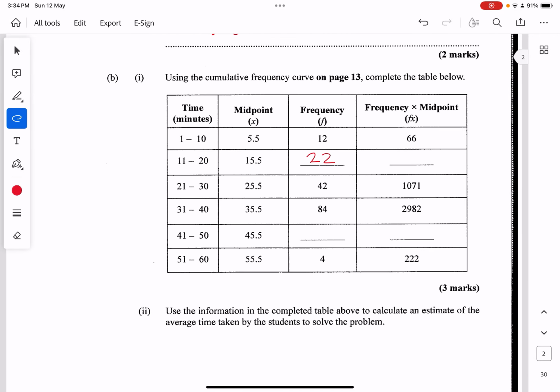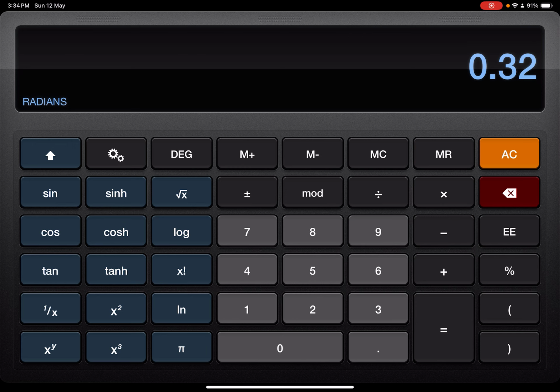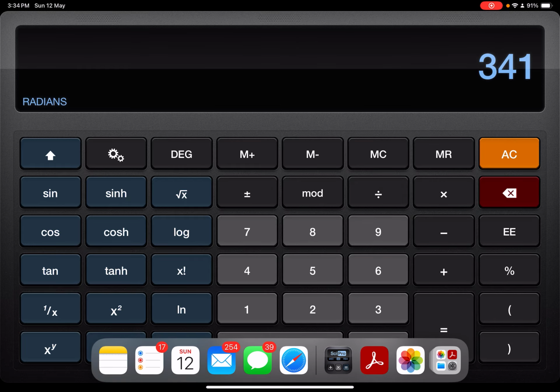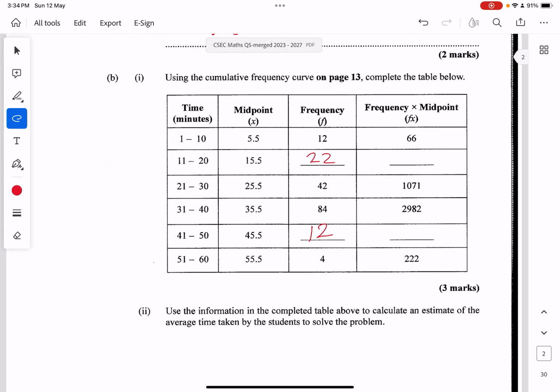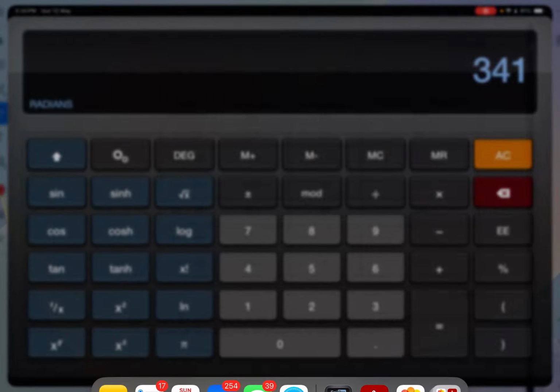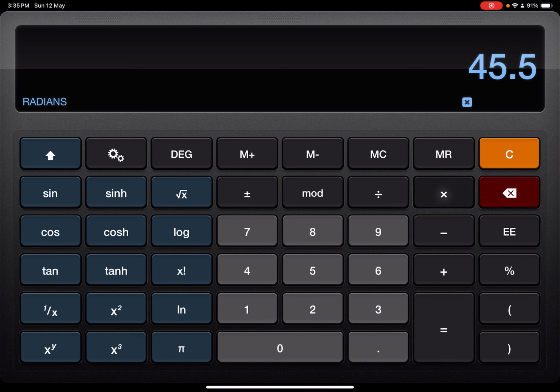So we have 12 here again, and then we can multiply now to get our frequency by midpoint. 15.5 times 22 equals 341. So here will be 341, and then 45.5 times 12 is equal to 546.